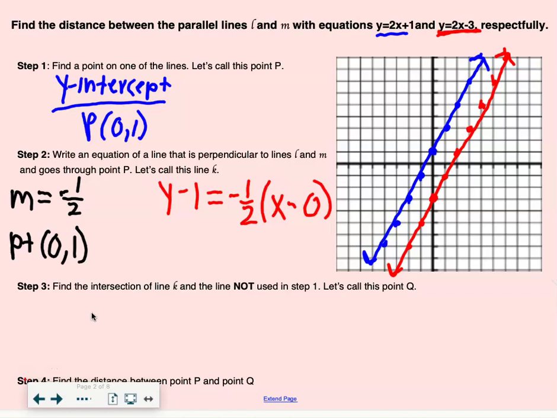Distribute. Y minus 1 equals negative 1/2 x. What's our last step? Plus 1 over. So that is our new line.